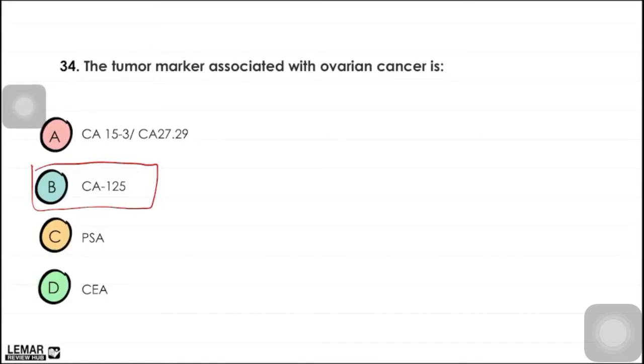This is a classic tumor marker that is elevated in cancer and benign disease of various organs other than ovarian cancer, such as pelvic inflammatory disease and endometriosis, but it is also most useful in the diagnosis and monitoring of ovarian and endometrial carcinomas.